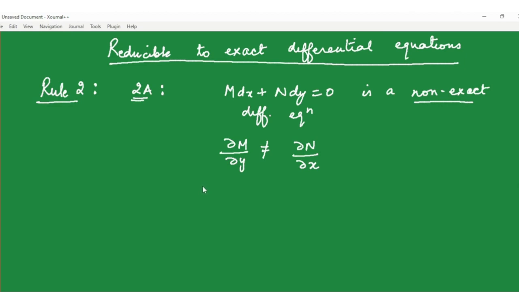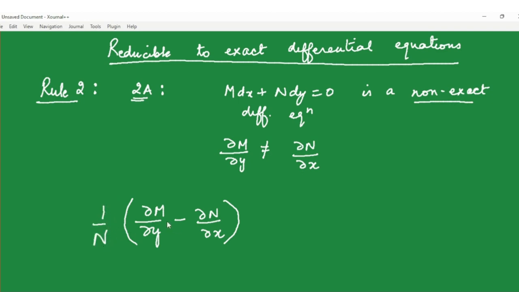Then there are two versions of this second rule. The first version, 2a, says that since these two partial derivatives are unequal, their difference will be non-zero. You consider the difference, del M by del y minus del N by del x. This difference obviously will be non-zero, and you divide this by the function appearing as the second term in this bracket, N, which goes in the denominator.